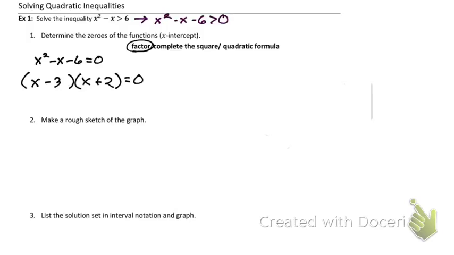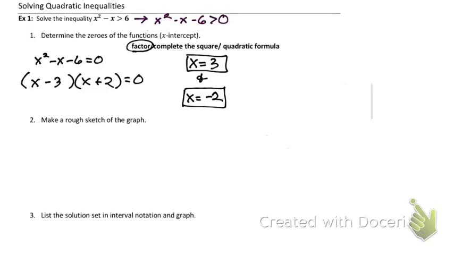Which means we have two zeros. We have x equals 3, and we also have x equals negative 2. So that means our quadratic crosses the x-axis at negative 2 and 3.